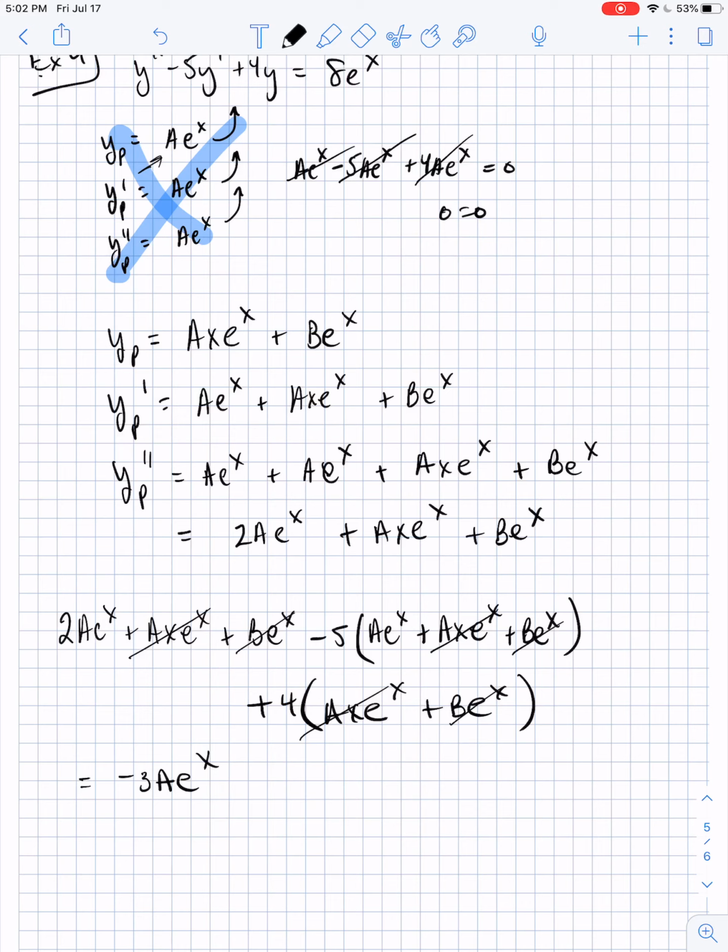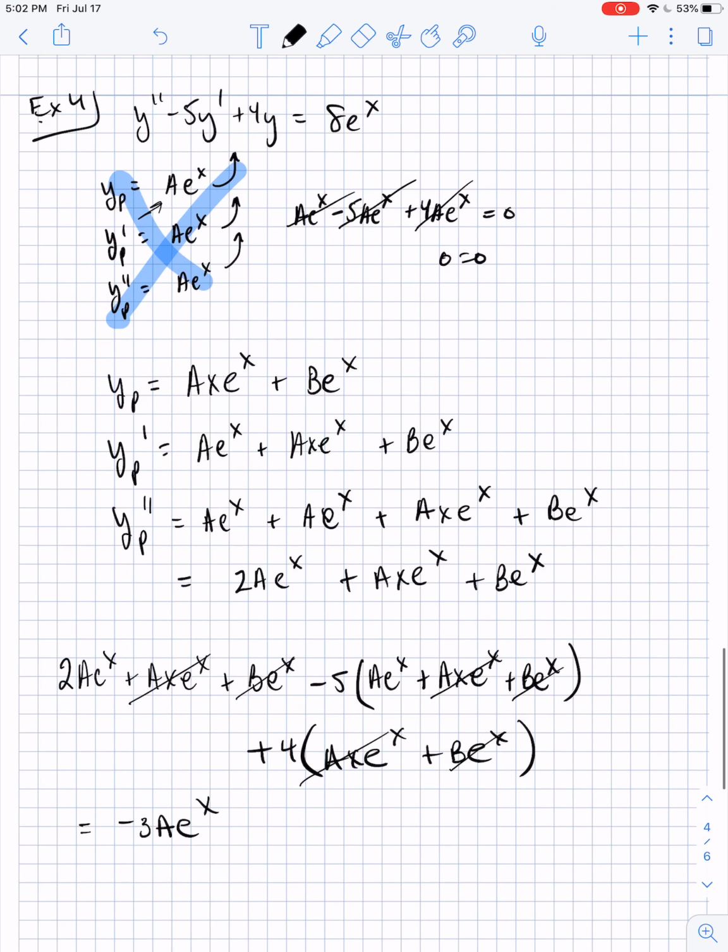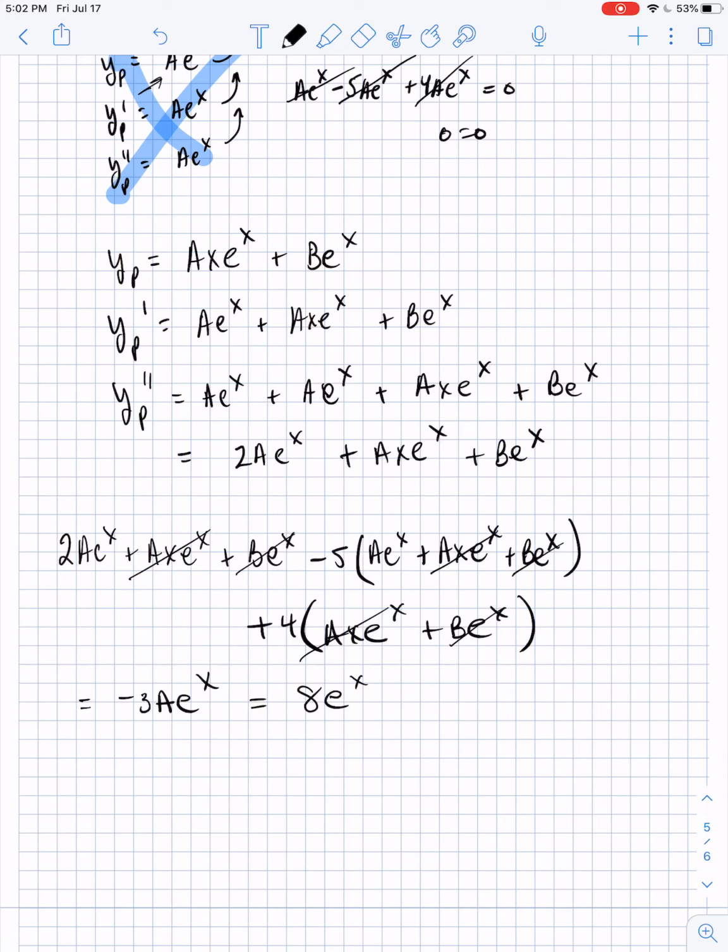And you can see all the rest cancels out. Did I cancel? Yeah, I canceled everything else out. And then here we could go back up and set it equal to that e to the x. Okay, and now you could solve where you get 3a has to equal 8. So a is going to be negative 8 thirds.